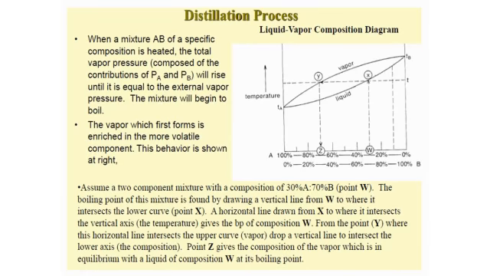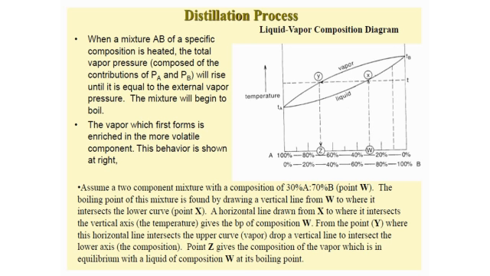So in the distillation process, suppose A and B are added. The partial pressure, or the vapor pressure, of A is PA and of B is PB. When we heat a mixture of A and B, the pressure of the individual components A and B will rise until it becomes equal to the external pressure.